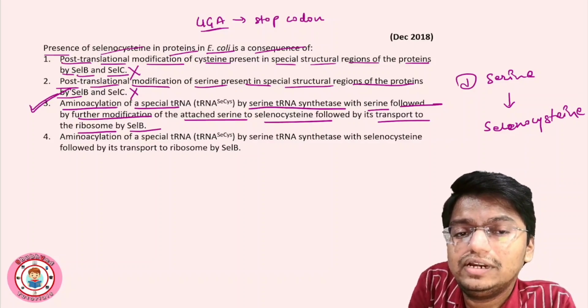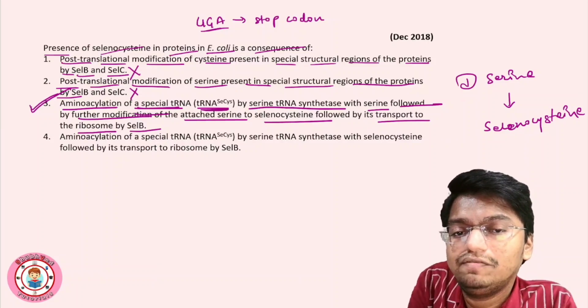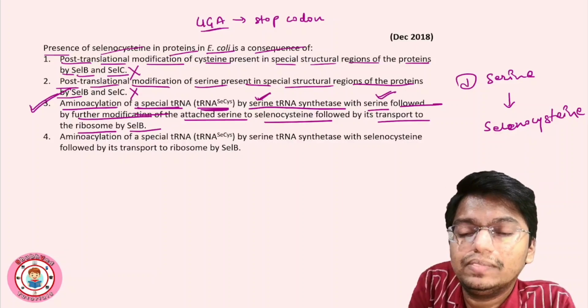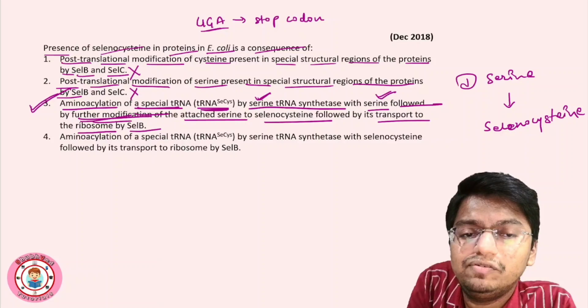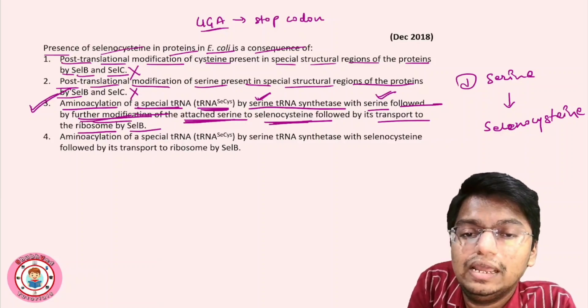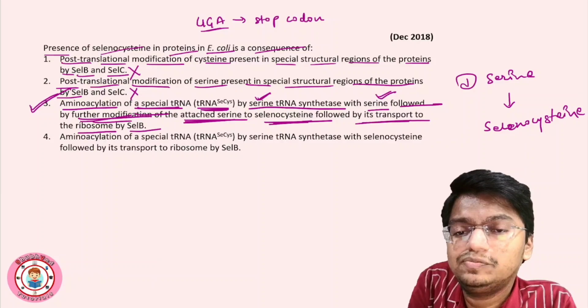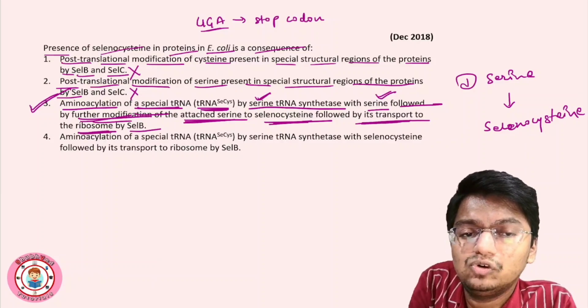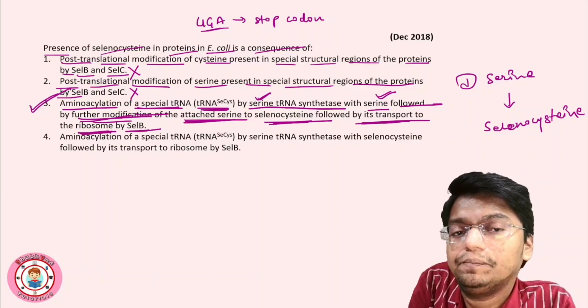There is a special tRNA selenocysteine where serine gets added first, right. Serine followed by further modification of the attached serine to selenocysteine, and then it is transported to the ribosome by cell B.